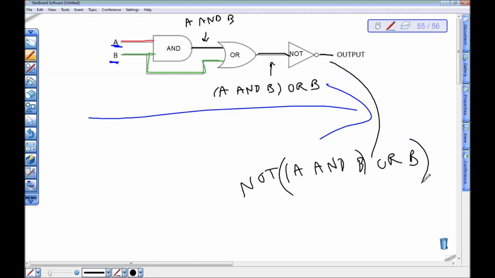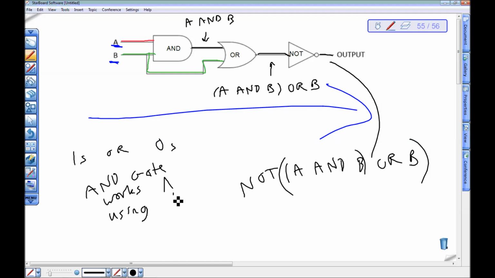So what does that mean for us? Well, its inputs are either going to be a high charge or a low charge. And we'll think about that high charge as a 1 and that low charge as a 0. So these will all be either 1s or 0s. And the way the gates work is an AND gate works like our logical connective AND, using true for 1s and false for 0s.